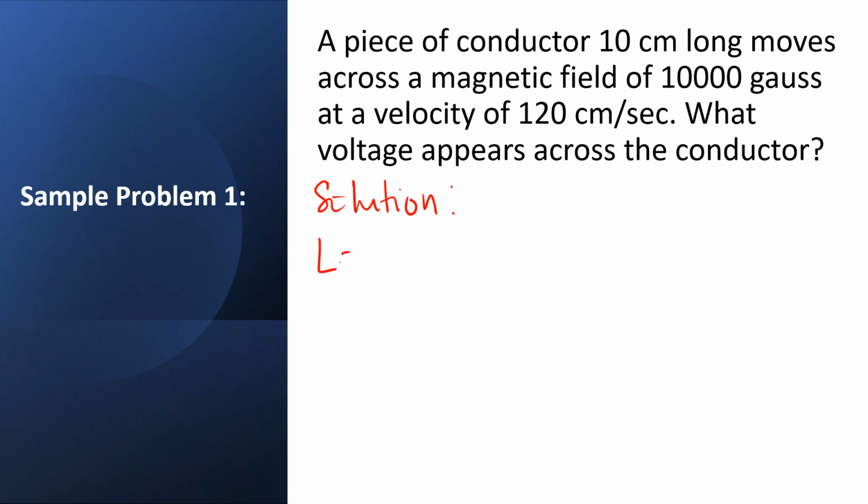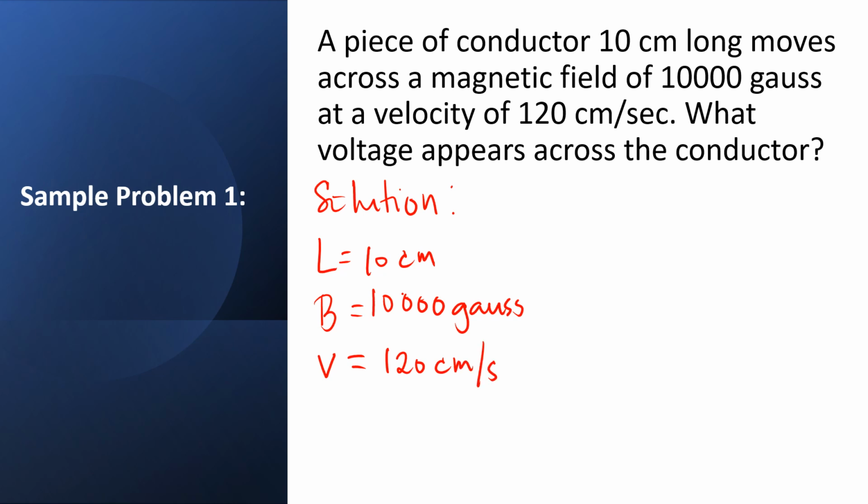L is equivalent to 10 cm, the magnetic field is equivalent to 10,000 Gauss, and the velocity is equal to 120 centimeter per second. But take note that L should have a unit of meter. So this 10 centimeter, we need to convert into meter. 10 centimeter is just equivalent to 0.1 meter.